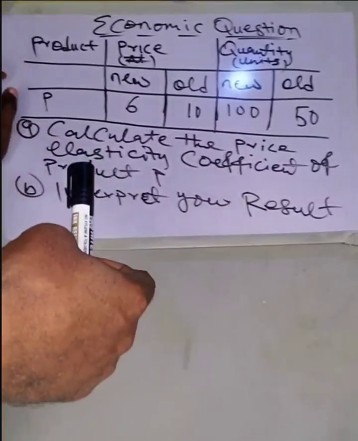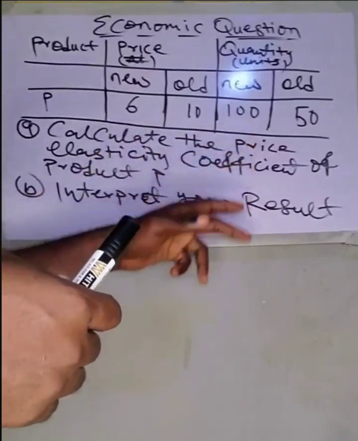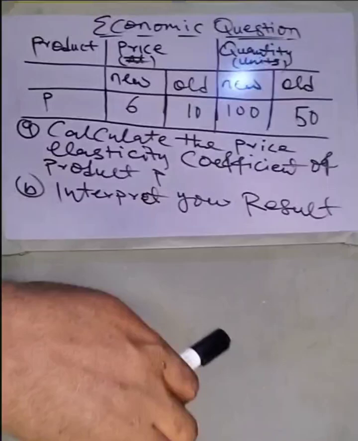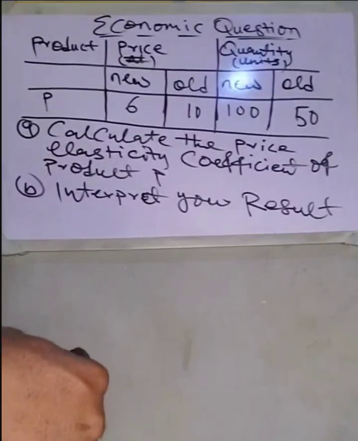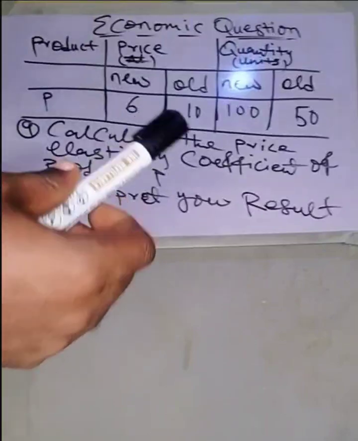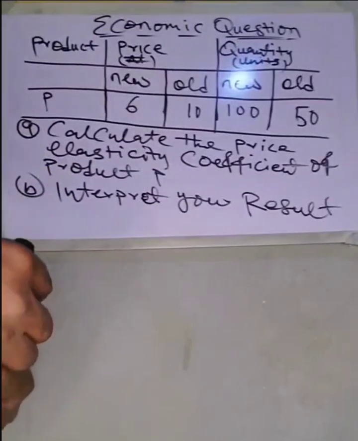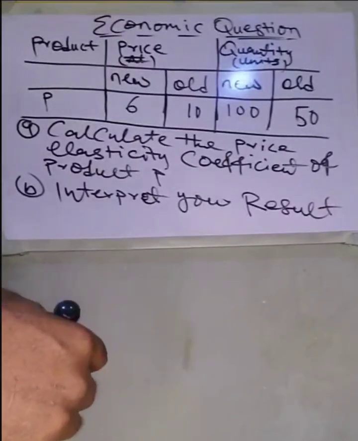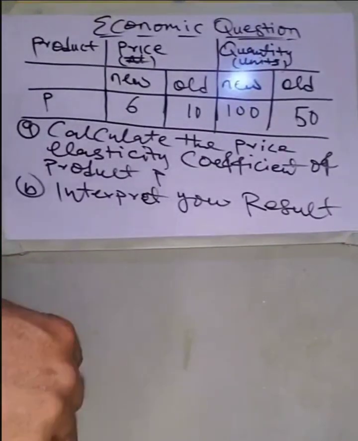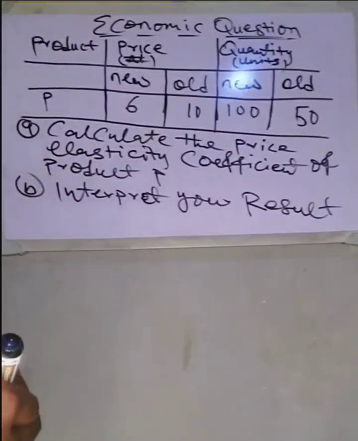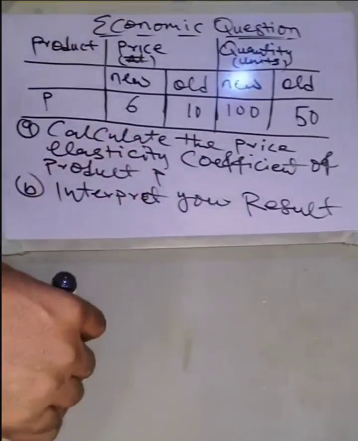And never forget that to calculate the price elasticity coefficient of a product, we have what we call the point method. Point method is where percentage change in quantity demanded, PED is the percentage change in quantity demanded over percentage change in price. That is the point method.